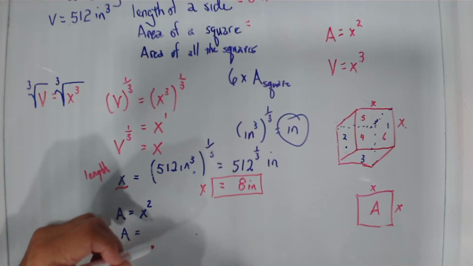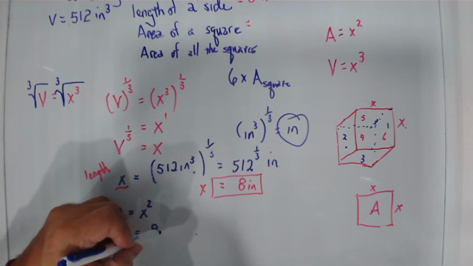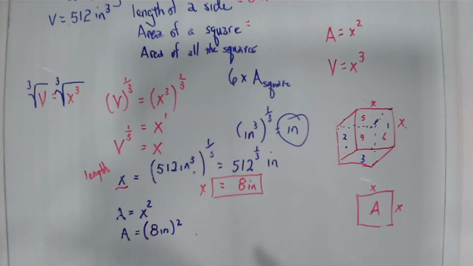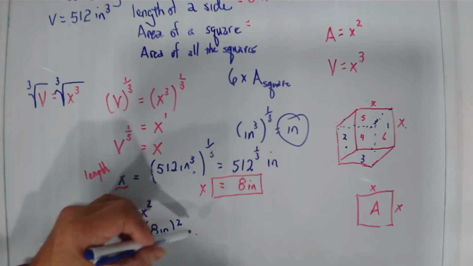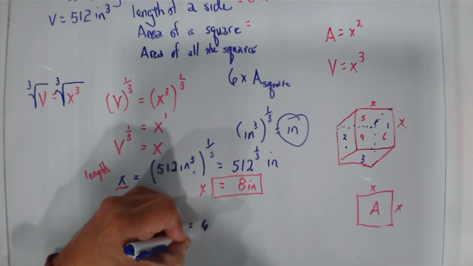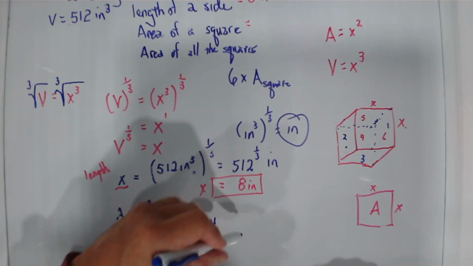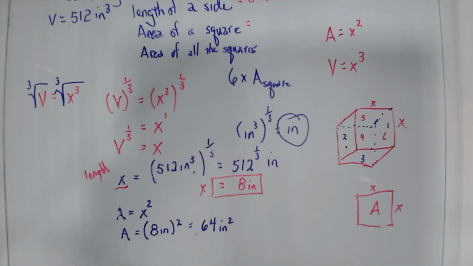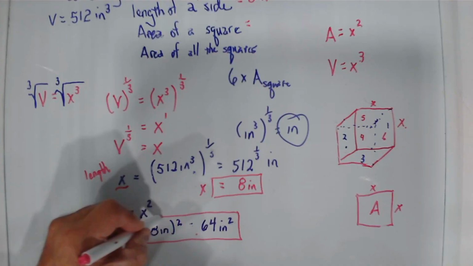So all I have to do is pop in 8 inches squared. Okay, so 8 squared will give you 64. And we also have to do the units, inches squared. So that is going to be the area that we're looking for.